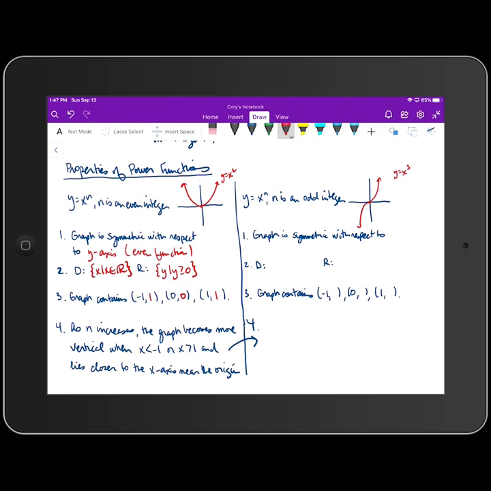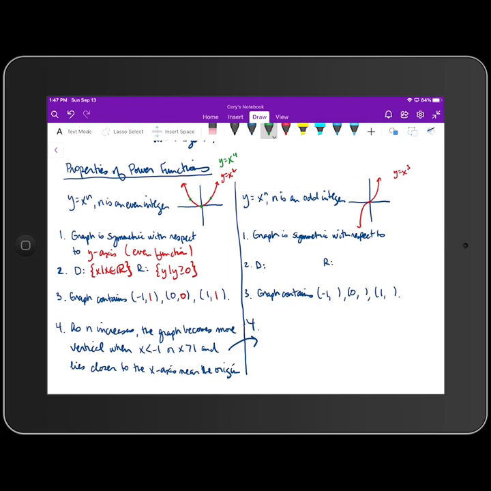So if I were to compare the graph of y equals x squared to the graph of y equals x to the 4th power, which I'm going to do in green, both of those graphs are going to contain the 3 points that we mentioned before: -1, 1, 0, 0, and 1, 1.